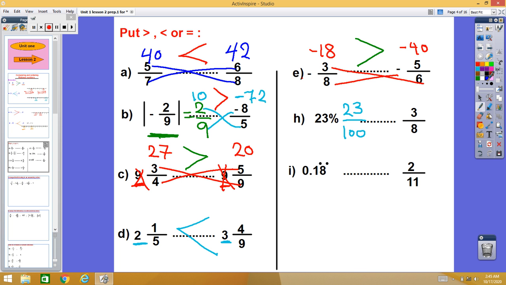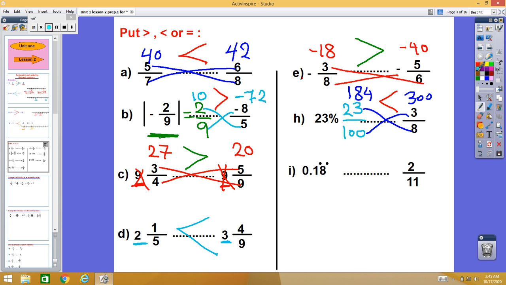In the same way, using cross multiplication, multiply 23 by 8, you can use your calculator, it will equal 184. And then multiply 3 by 100, it will equal 300. Now we have 184 compared to 300. So for sure 300 is greater than 184.